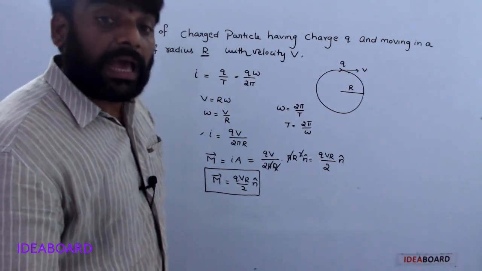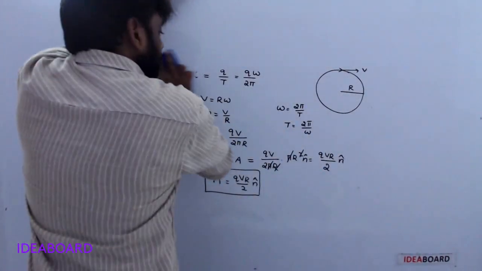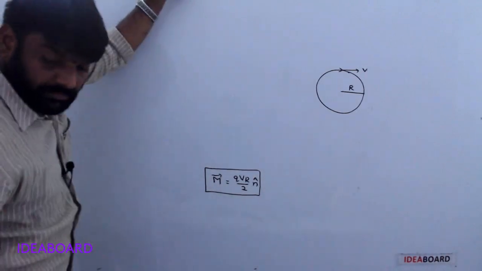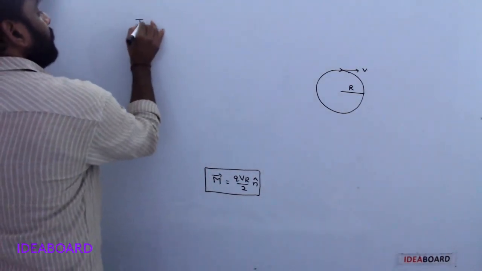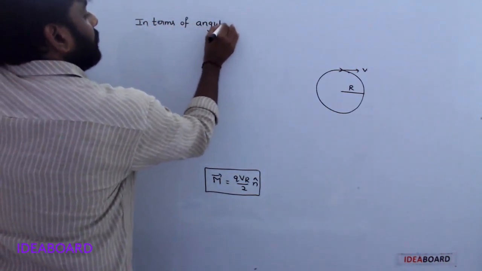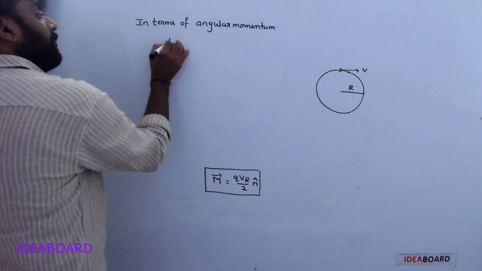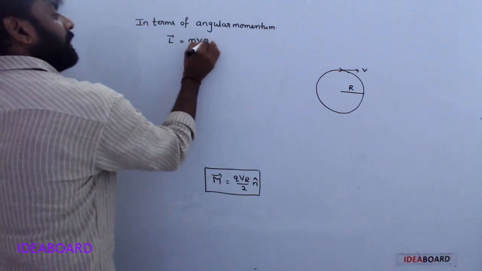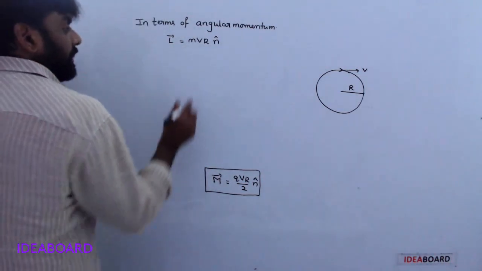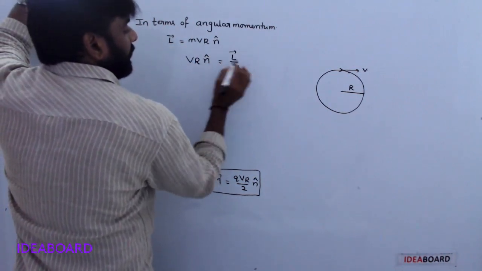Now, in terms of angular momentum. Angular momentum is equal to m v r into n cap, so v r n cap is equal to L bar by m.